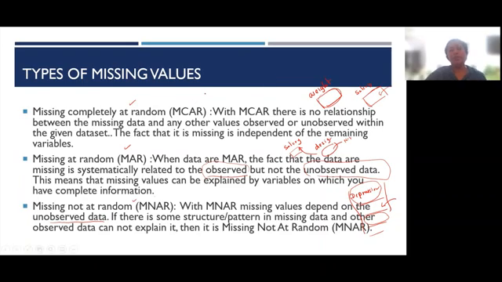Now this one, MCAR, nothing like that. MCAR, it's not related to itself, and it's not related to other values as well. So for example, let's say you ask height. Some people might not give height.